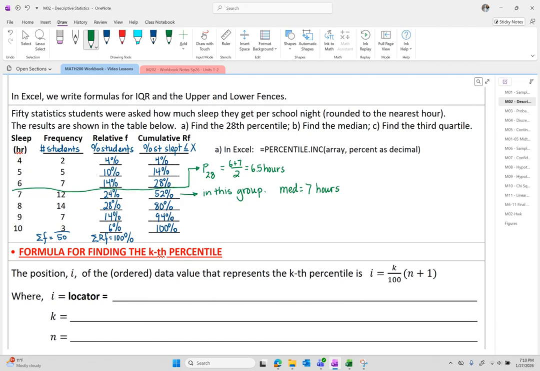If I want to find the third quartile, which is the 75th percentile, right? The notation is not 75%, but P75.